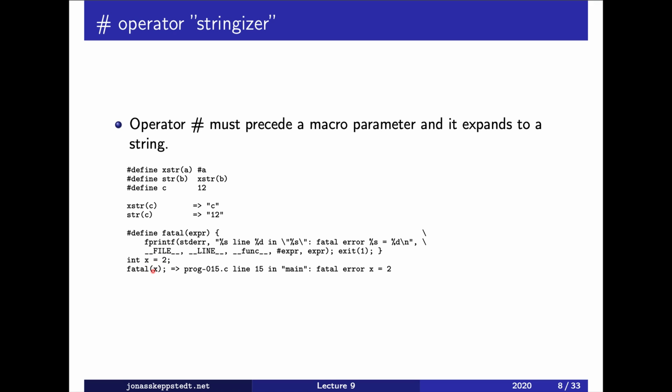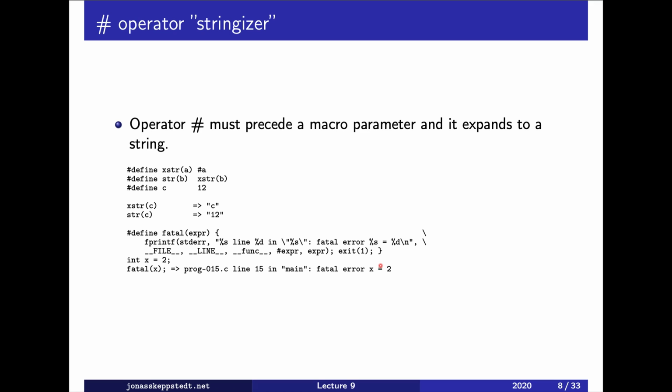This could be in an unexpected part of the program, for instance in the default of a switch, if we didn't expect the default case to be taken. Then what we can get is the file, the line number, which function, the string of the parameter, and then the value.